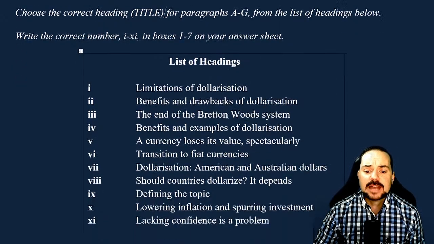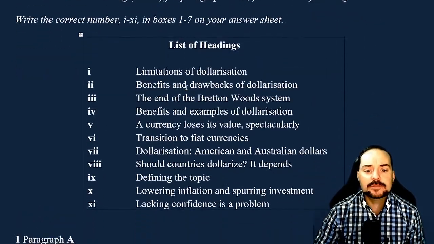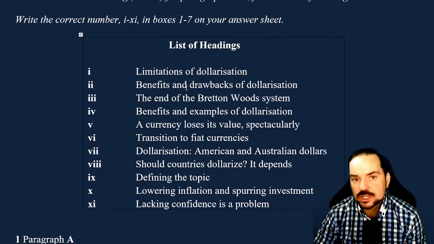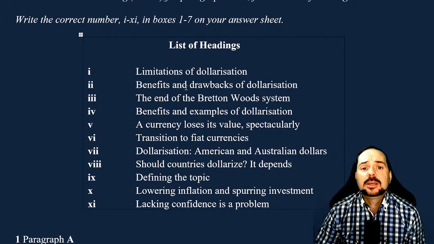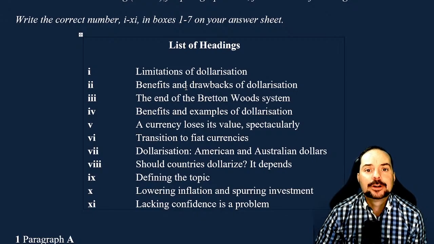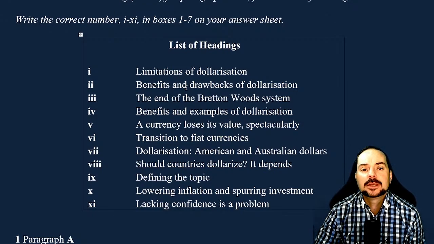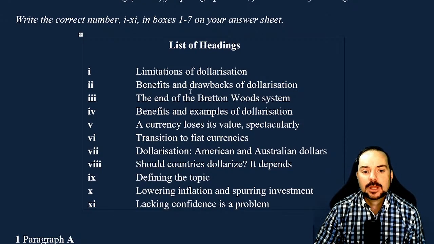And then we have our list of headings. Now, list of headings, it's a special type of question. It's the only question that you see before the passage. So you should read these, okay?